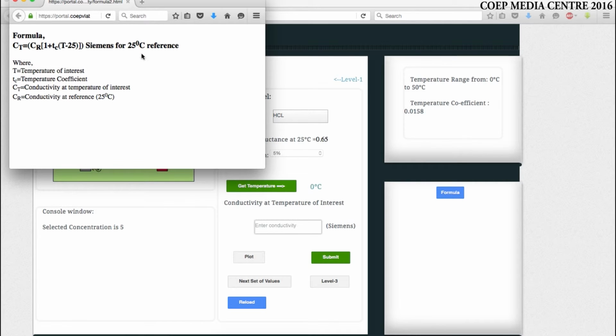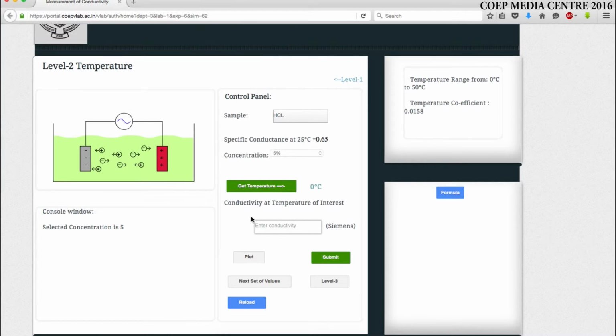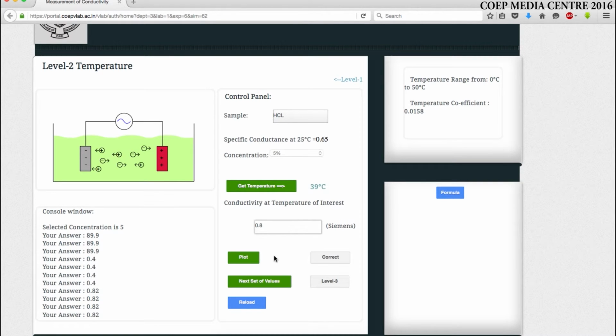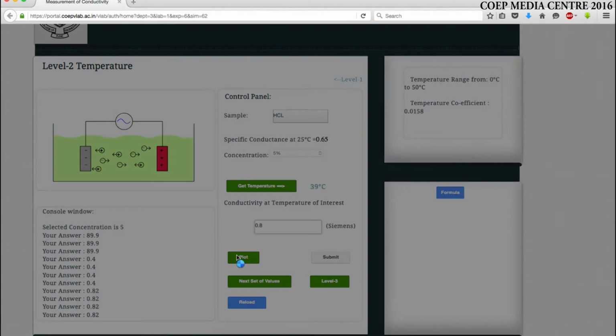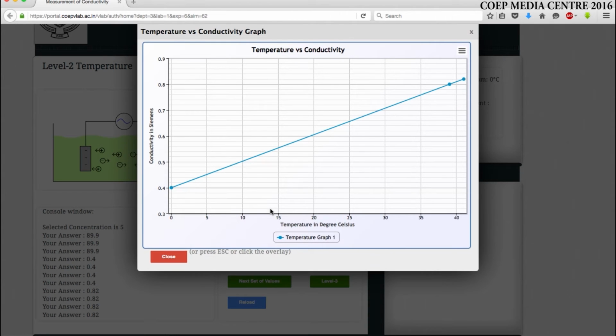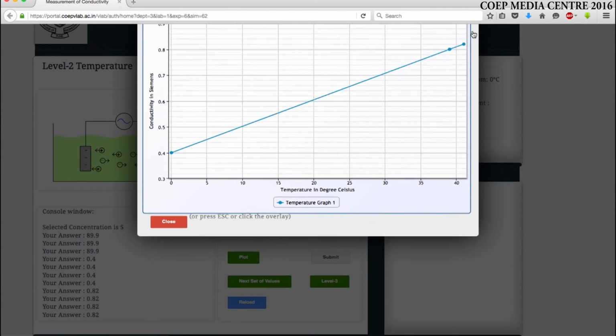So use this formula and calculate the output of the conductivity sensor. After completing this, you can plot the graph. It will show you the relation between temperature versus conductivity. So in other words, as temperature is increasing, conductivity is also increasing.